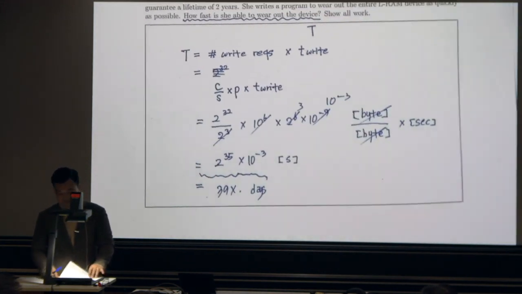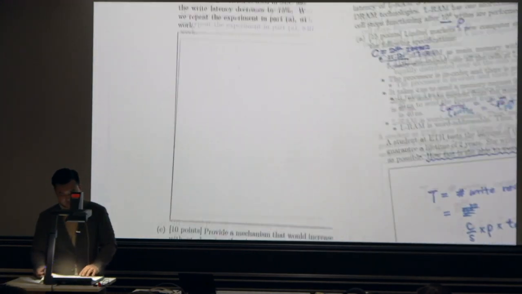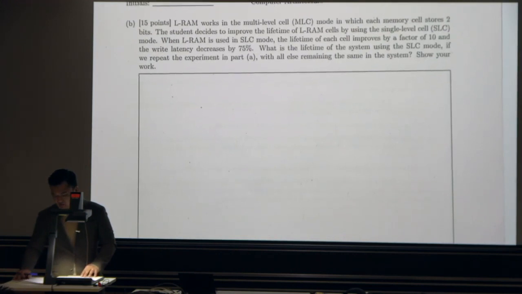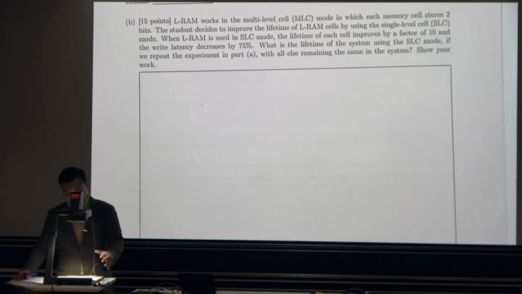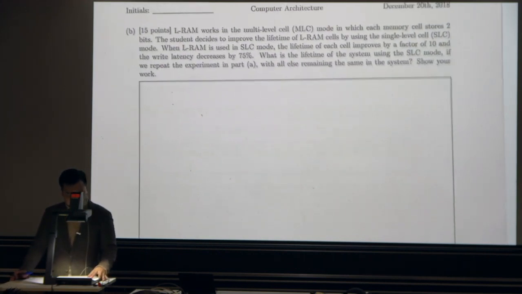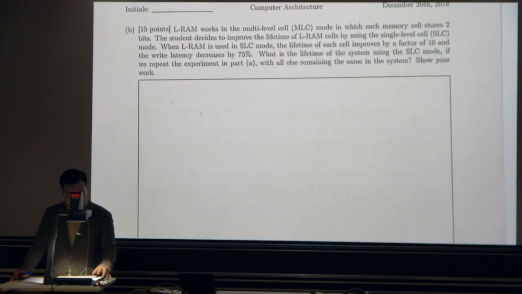Can I move on? So we need to improve the guaranteed lifetime of this device. And here is another piece of information. LM works in the multi-level cell mode in which each memory cell stores 2 bits.